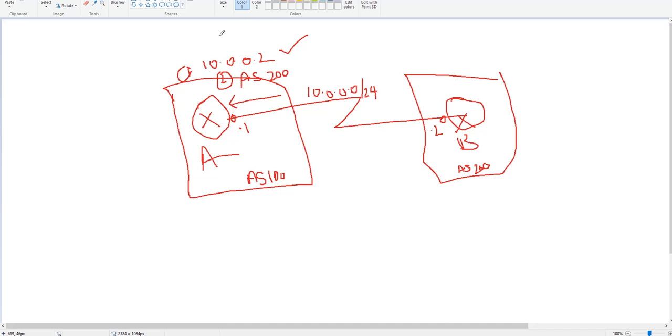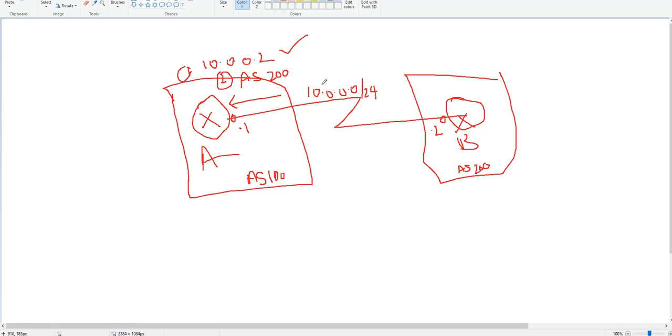Similarly, in router B as well, we have to say who your neighbor is and where your neighbor is located, which means on which AS number, so that you can establish neighborship with router A. Without defining these things manually on these routers, our neighborship is not going to form in BGP. This is the simple thing that we should know when we are talking about BGP.